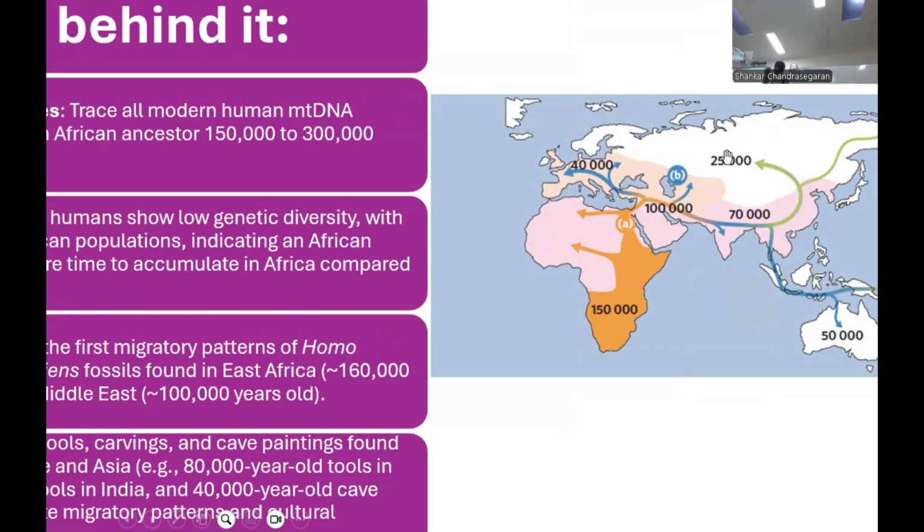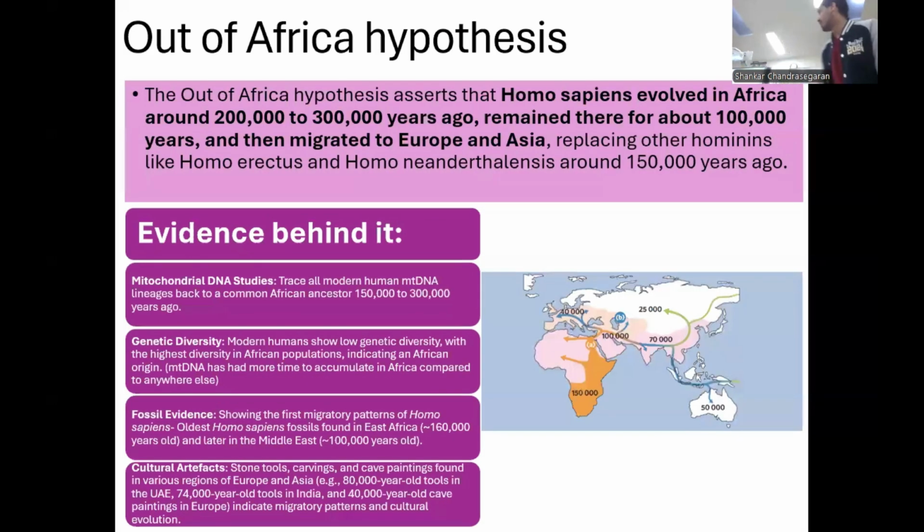When we dated them, we found that the fossils found on the east coast of Africa were about 160,000 years ago, whereas the fossils we found in the Middle East were about 100,000 years ago. So, like I said, by using fossils and by dating them, we can show a pattern of how they might have moved, right? Because one fossil is older, so they were there longer in the past, and one is more recent, showing that eventually they would have moved into a different region.